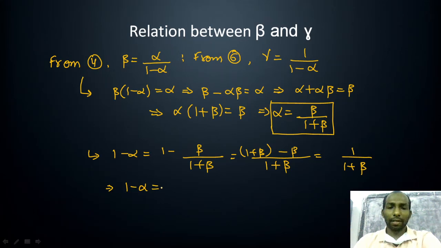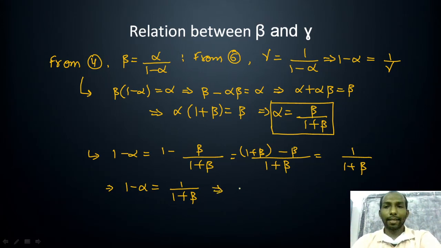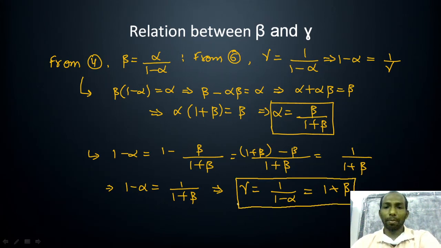But gamma is equal to 1 by 1 minus alpha, so gamma is equal to 1 plus beta. So this is the relation between alpha, beta and gamma.